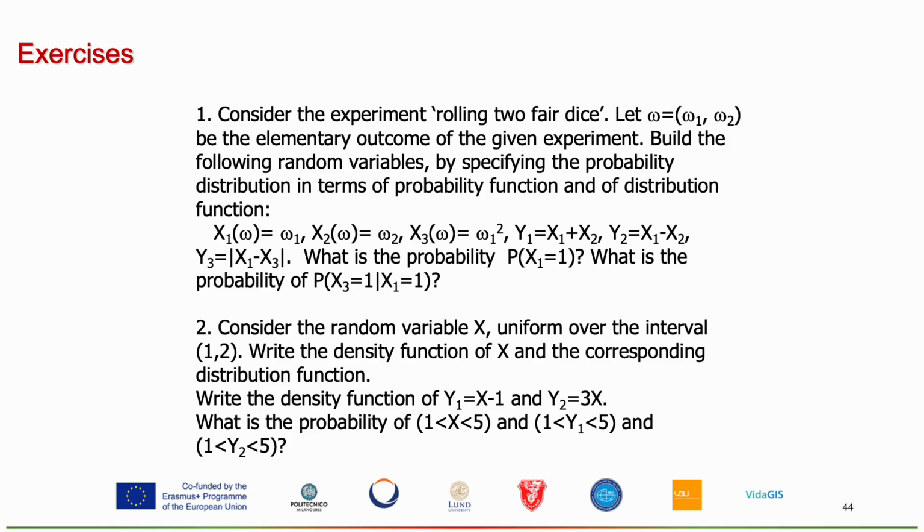Now write the density function of y1 = x - 1 and of y2 = 3x. In particular, what is the probability that x is in the interval [1, 5], that y1 is in the interval [1, 5], and finally that y2 is in the interval [1, 5]?